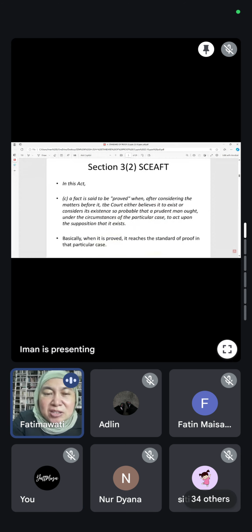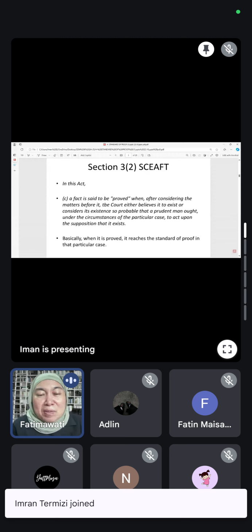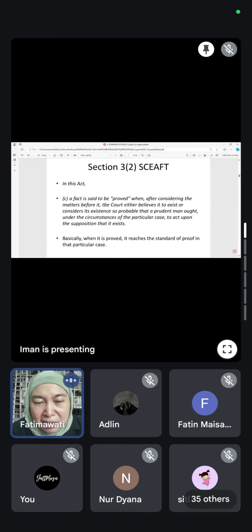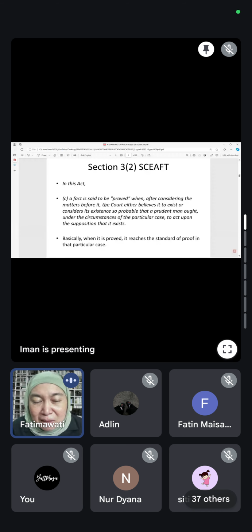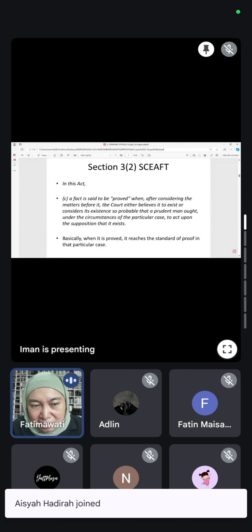Okay, so section 3 subsection 2 of the Sharia Court Evidence Act Federal Territory. Okay, under subsection 3, it is said that a fact is said to be proved when, after considering the matter before it, the court either believes it to exist or considers its existence so probable that a prudent man ought, under the circumstances of the particular case, to act upon the supposition that it exists.